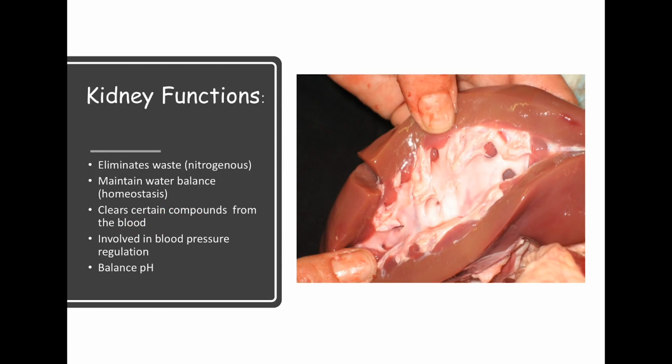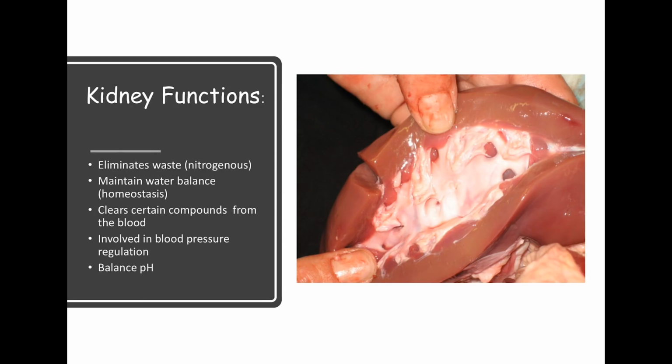If you are, let's say, a diabetic, if you have too much glucose in the bloodstream, the kidneys will try to regulate the blood sugar by dumping some more glucose into the urine to try to normalize, also part of negative feedback. It's involved in blood pressure regulation, and we'll talk about all these later. And also balancing pH, and it works along with a system in the blood as well as the lungs, which we'll talk about a little bit later.